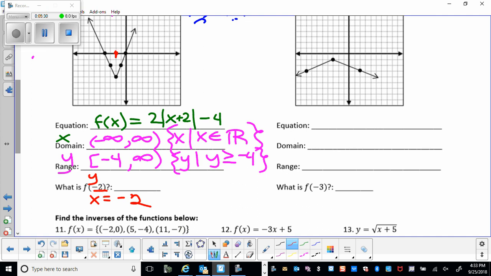F of x is y, so y equals what? Well, when x is negative 2, the y value is negative 4, right? That's actually the vertex. This point right here, the coordinates at this point are negative 2, negative 4. So when x is negative 2, y is negative 4.